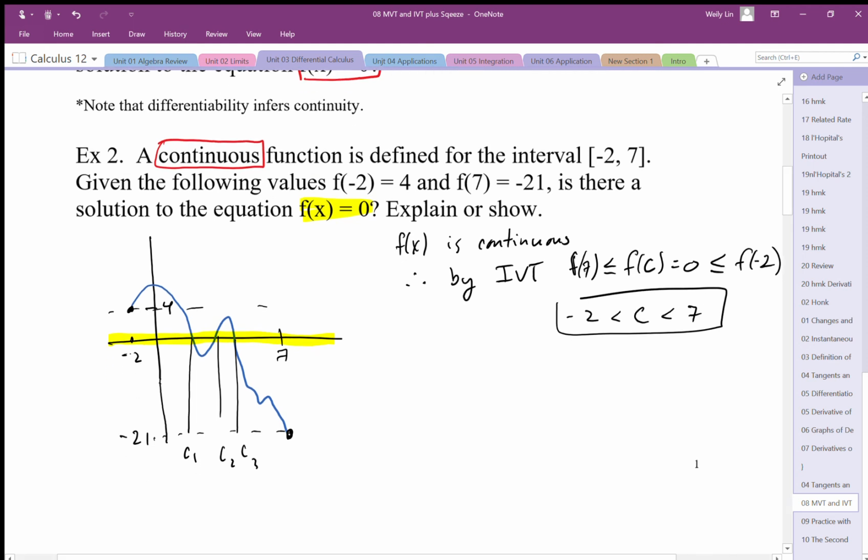Just to be clear, if this is in fact discontinuous, okay, if continuity is missing, we have a problem, because now from here to here, if I have discontinuity, I can very easily draw a graph where the IVT does not hold true. Okay, so that's why it's very important to have this condition of continuity, because otherwise we can easily break up the graph such that it doesn't cross that line.